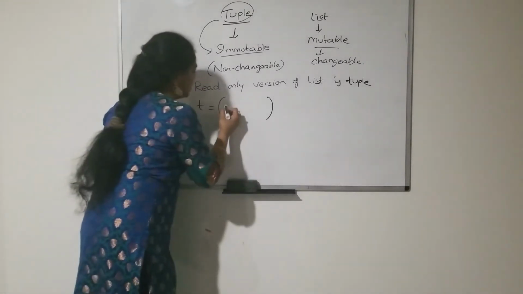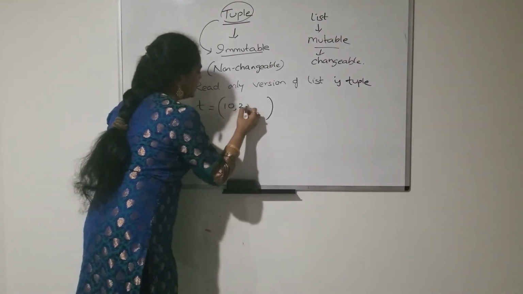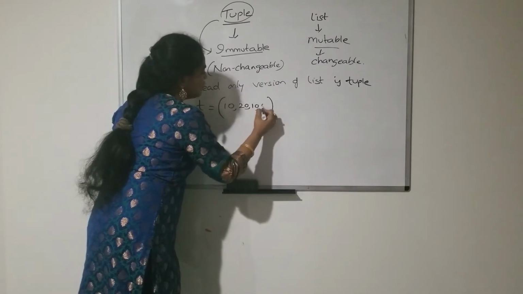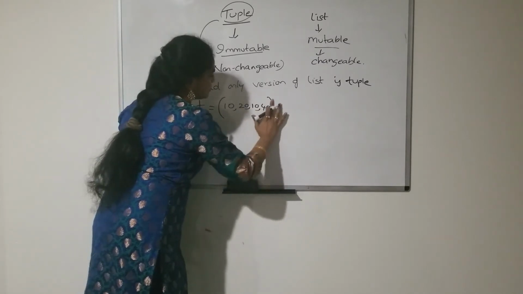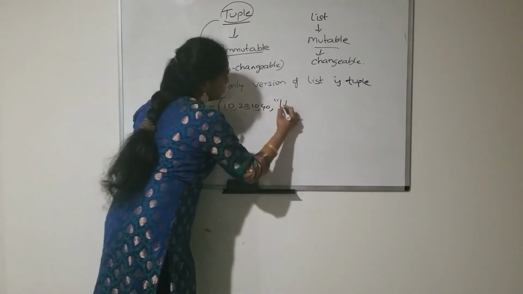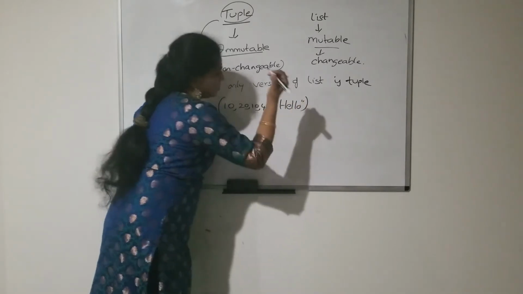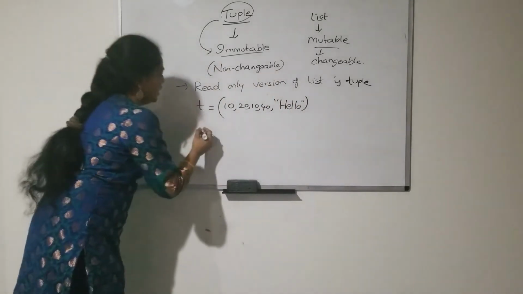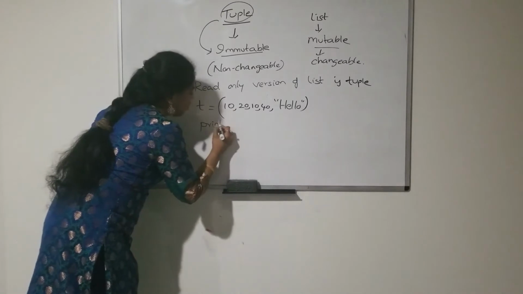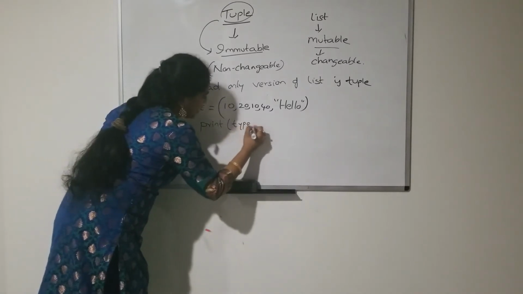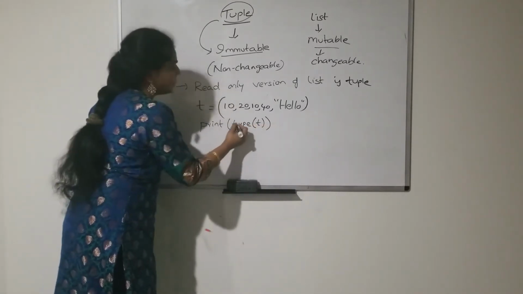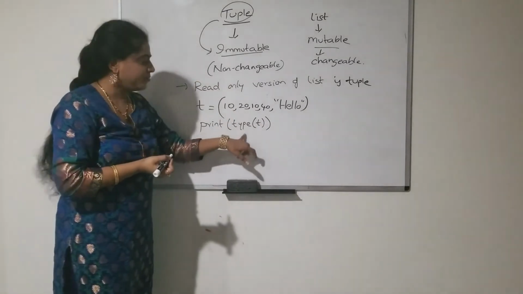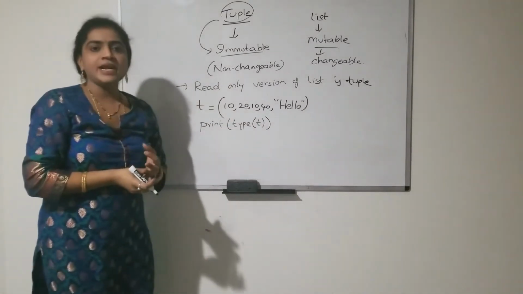Suppose for example, here my tuple elements are 10, 20, 10, 40 and next hello. Suppose if you print the type of t, what is the purpose of this type function? This type function is used to print the data type of that element.